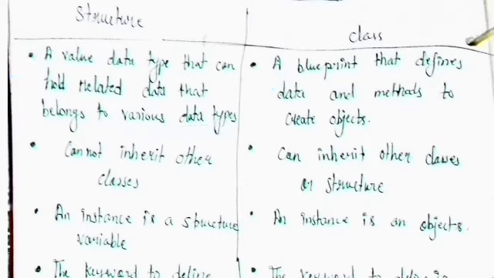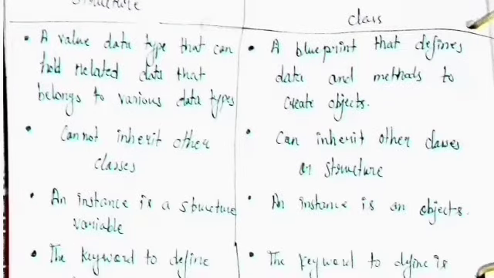The next point: a structure can't inherit other classes, but a class can inherit other classes or structures. And the third point: an instance of a structure is a structure variable, and an instance of a class is an object.